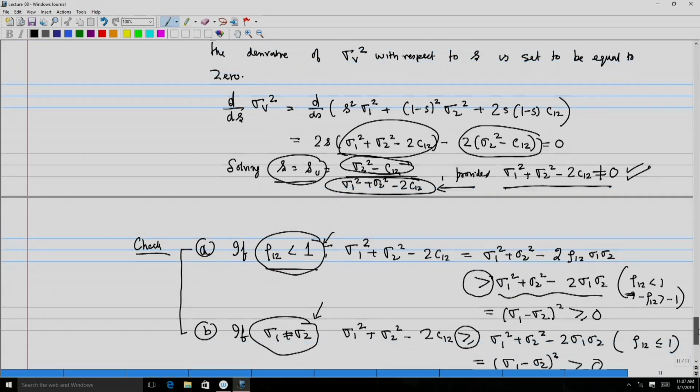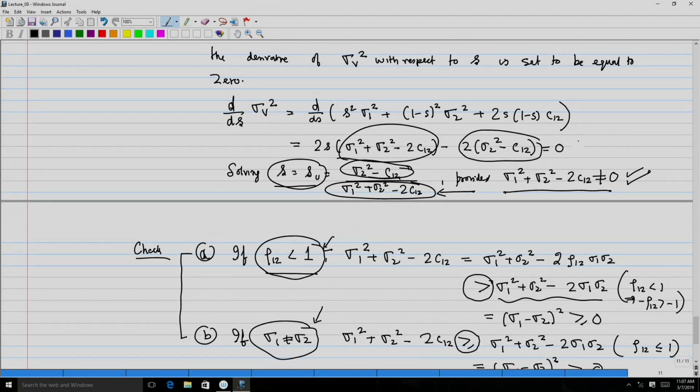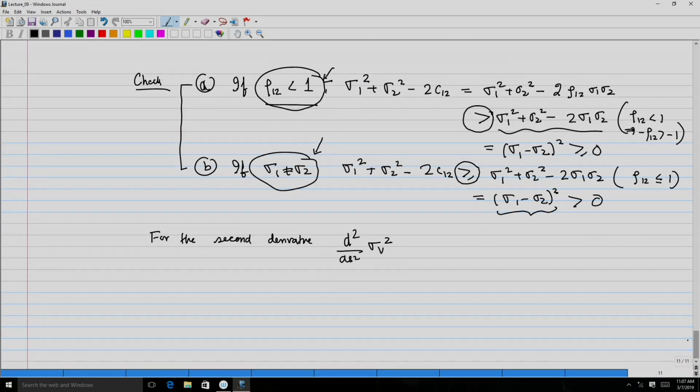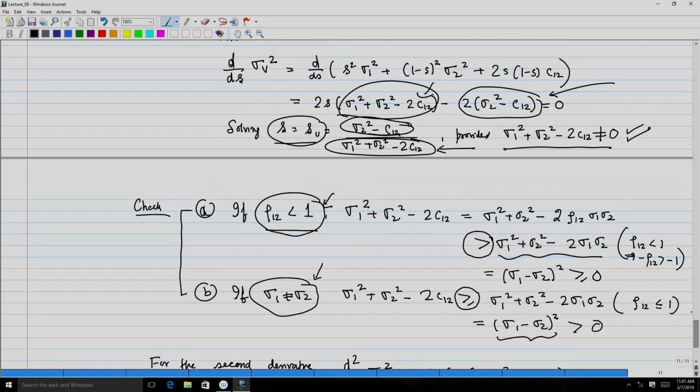that is d square ds square of sigma v square. So, we go back to this expression. So, the second derivative is going to be just this term here. So, accordingly we get the second derivative to be 2 into (sigma 1 square plus sigma 2 square minus 2 C 1 2), which is nothing but the denominator.